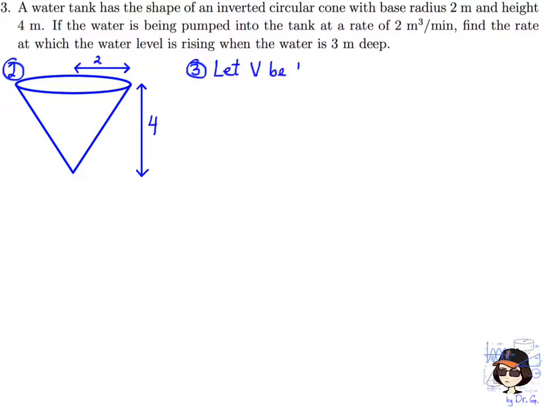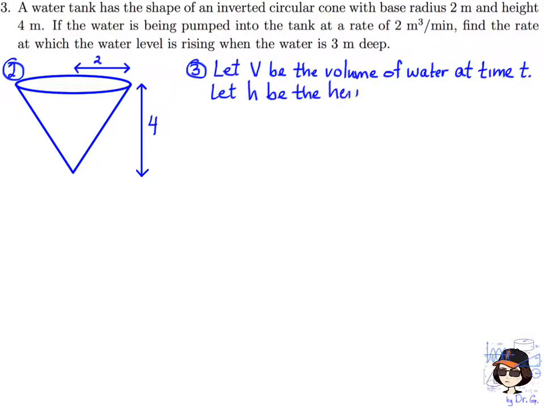So let's let V be the volume of the water at time t. Remember, it's changing, it's not constant. And then let's use H for the height of the water at time t.